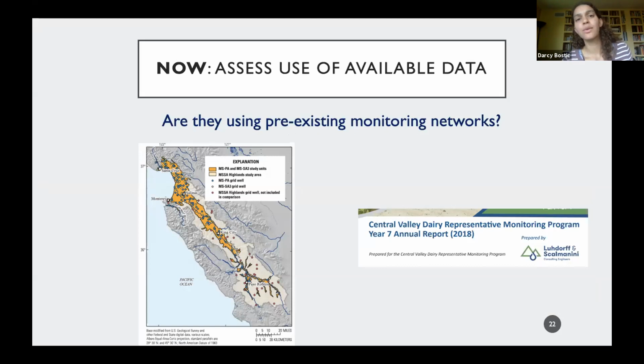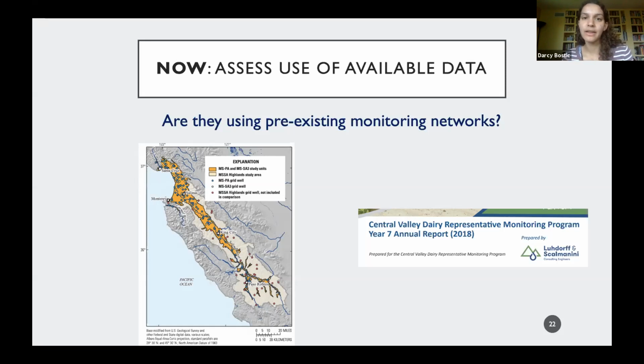These don't occur everywhere, but they are in some places and some portions of GSPs. So for example, on the left-hand side is the Salinas Valley. This is an example of a USGS water quality monitoring project that occurred a few years ago. They used a monitoring network to monitor changes in water quality in the Salinas Basin.